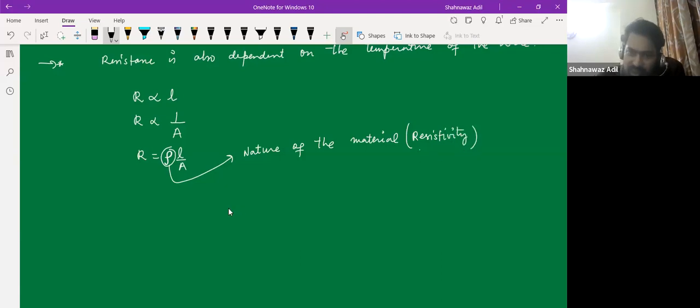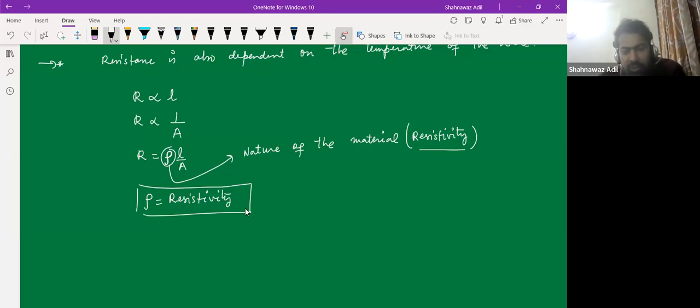Right, so rho is resistivity, and it is also dependent upon some parameters, but that we will study later.